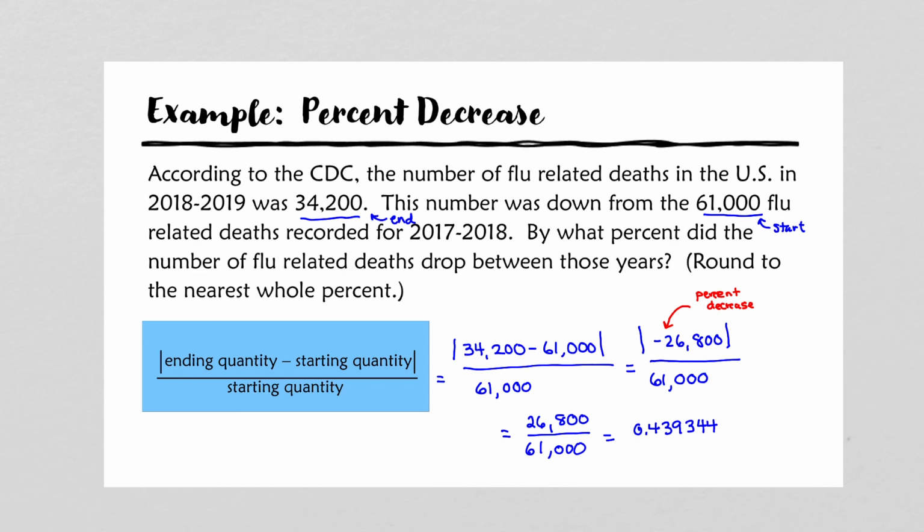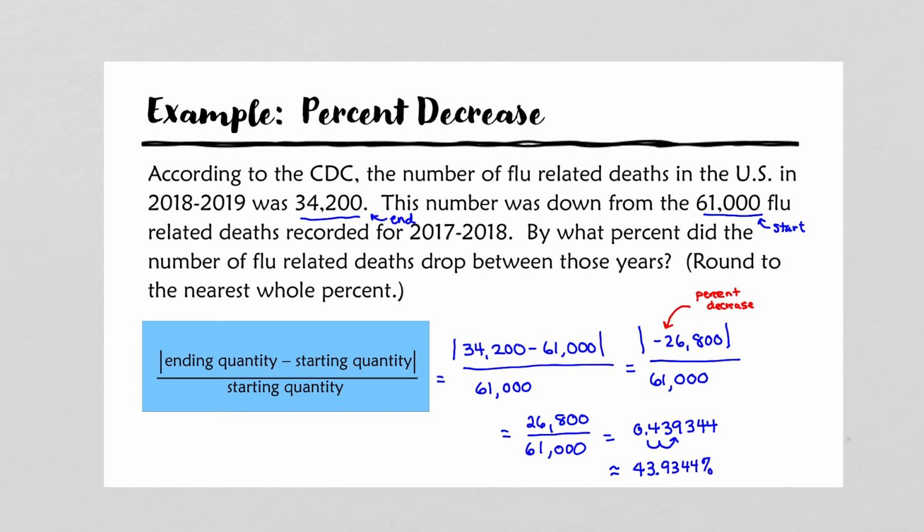Now the problem asks us to round to the nearest whole percent. Well, first of all, to get from a decimal to a percent, we need to move our decimal 2 places to the right. So we would say that this is approximately 43.9344%.